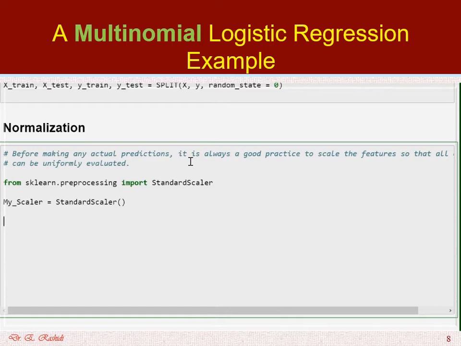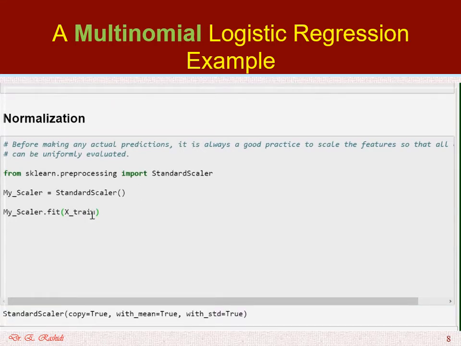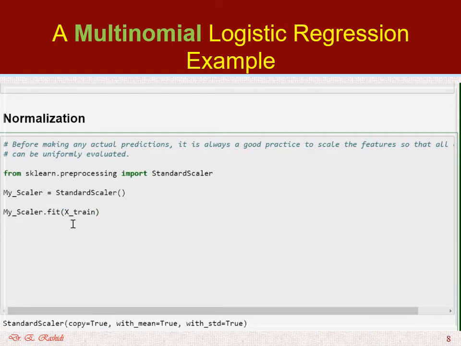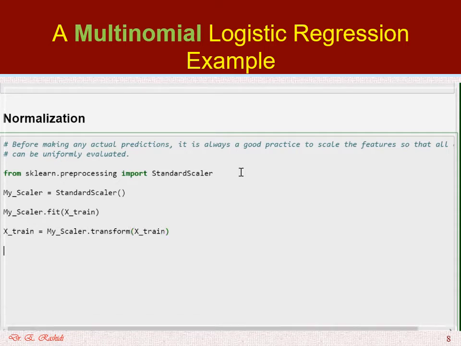All right, so let's actually fit our scaler. And now we can transform our feature variables. So for X_train, I'm going to use the scaler to transform the train data and put it back into X_train.